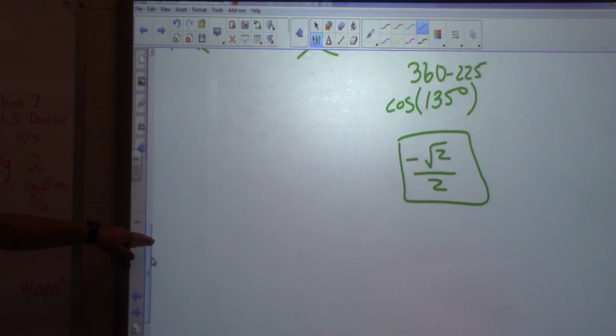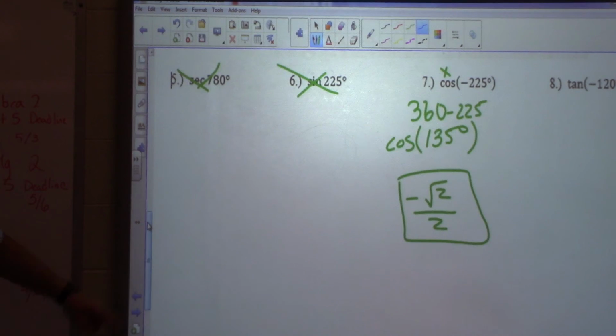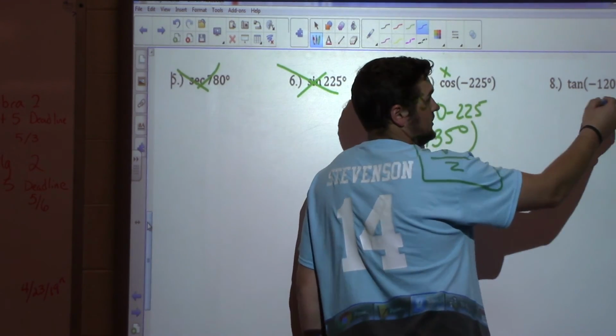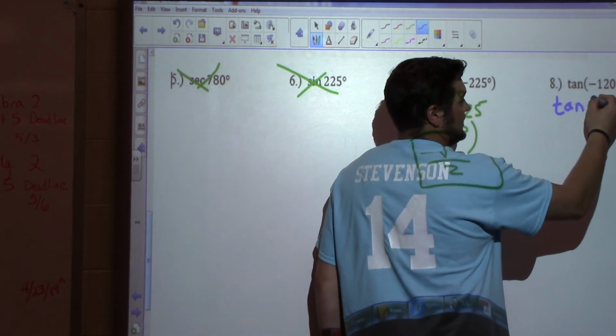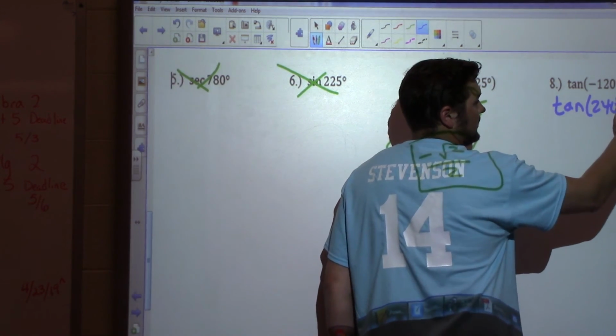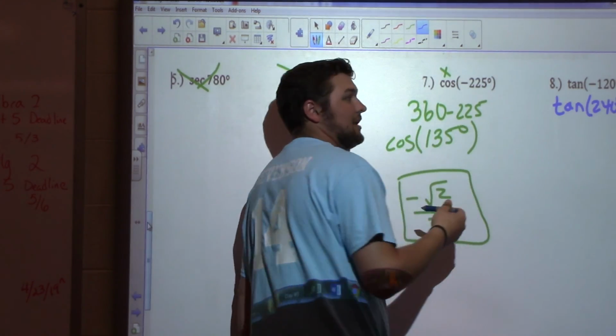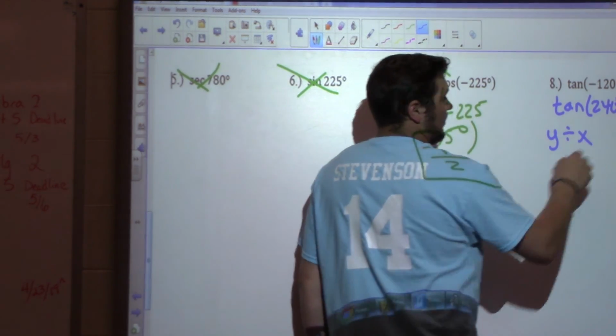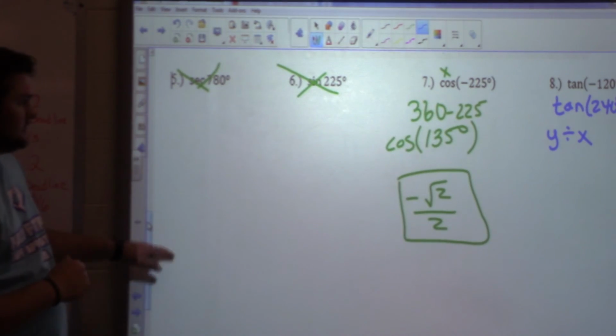Questions? No. Tangent's going to be tough. Tangent of negative 120 degrees. Well, instead of doing negative 120 degrees, I'm going to do tangent of positive 240 degrees, right? 360 minus 120 will give me 240. Y divided by x.